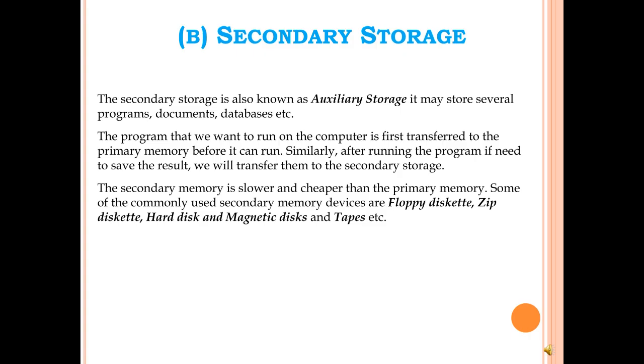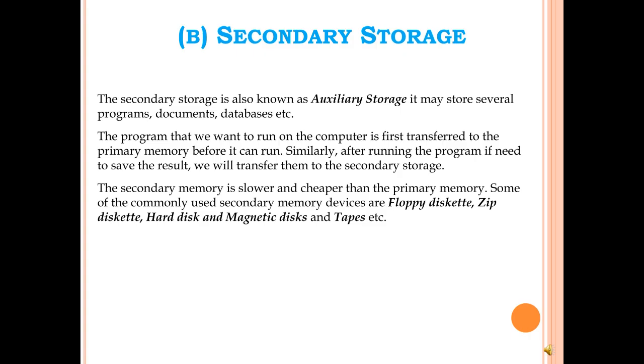Similarly, after running the program, if we need to save the results, we transfer them to the secondary storage. The secondary memory is slower and cheaper than the primary memory. Some of the commonly used secondary memory devices are floppy diskette, zip diskette, hard disk, and magnetic disks and tapes, etc., because there are multiple more.